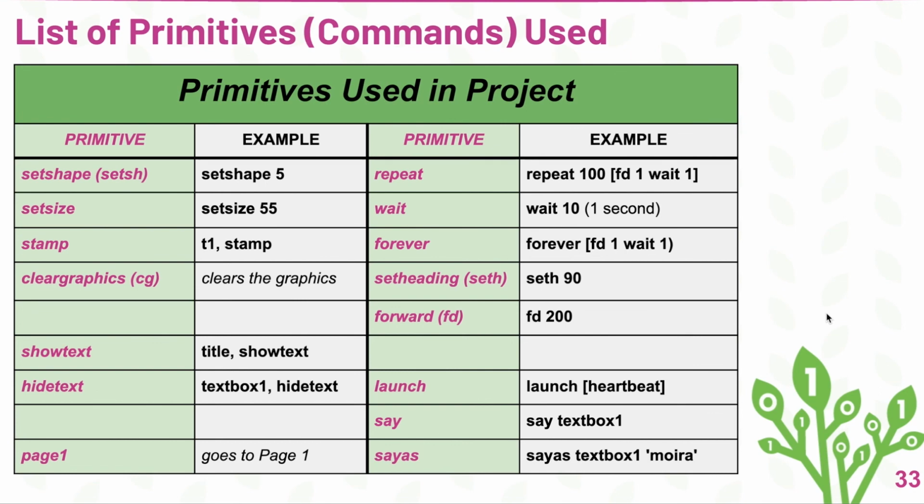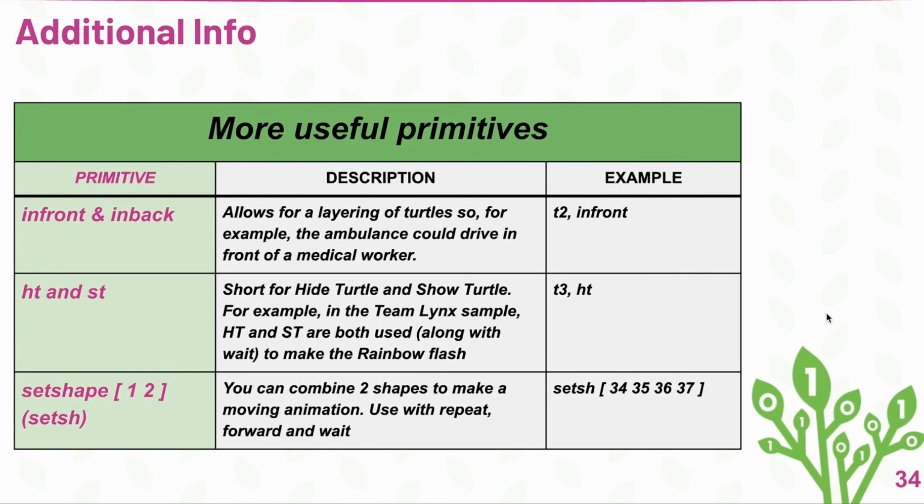The other things that might be useful for you that aren't in the cards are, if you have a number of turtles, let's say you have a doctor and ambulance as turtles, and you want one in front of the other or behind, you can use the in front and in back command.